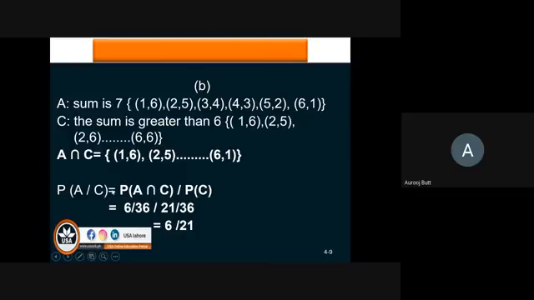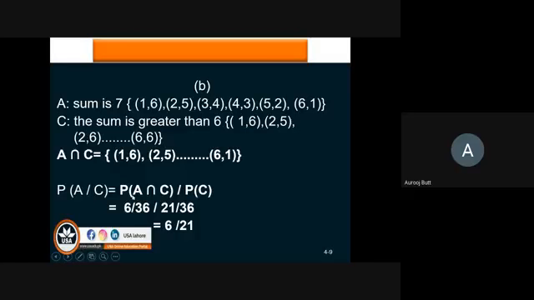That means event C, you'll divide it by probability C. Probability of A intersection C means you need to find the points common to both events, event A and C. So we have these 6 sample points that are common in both events, A and C.